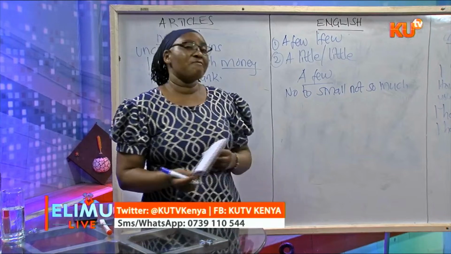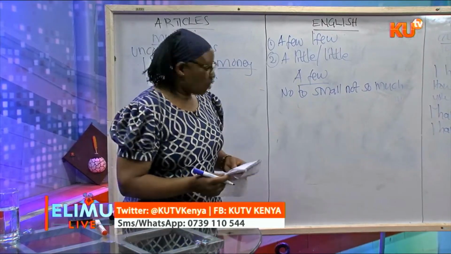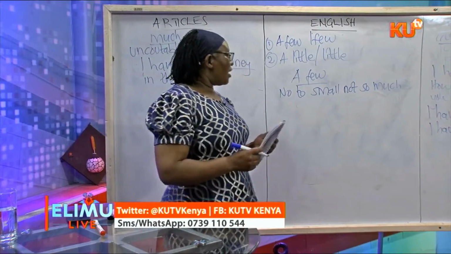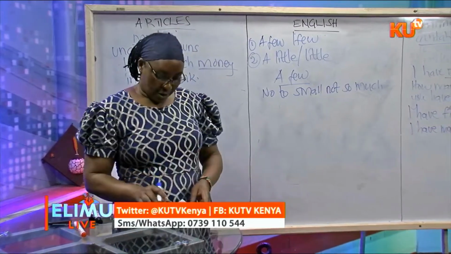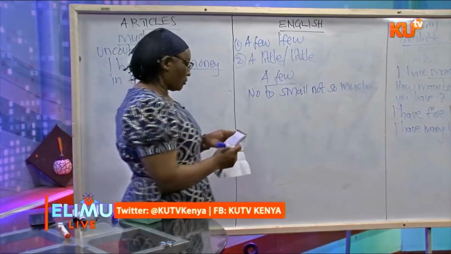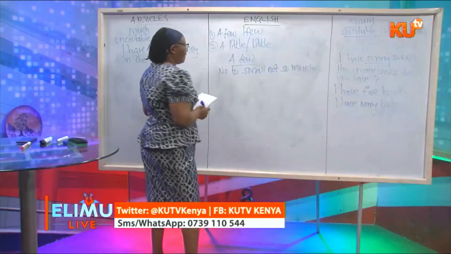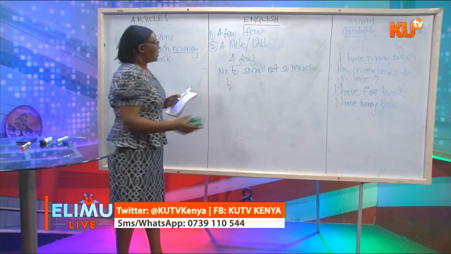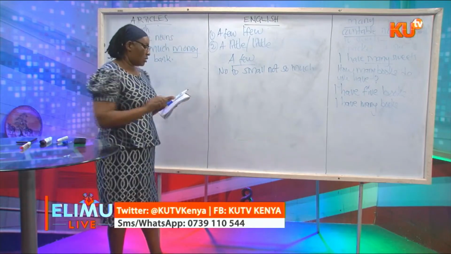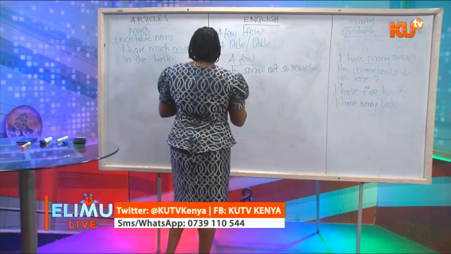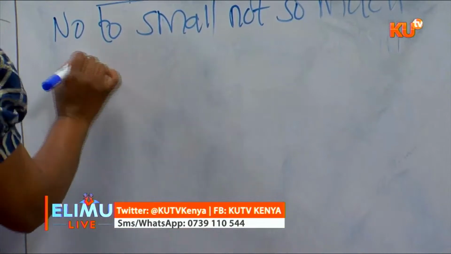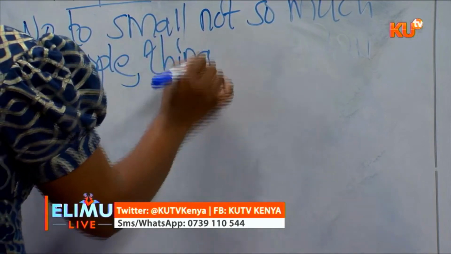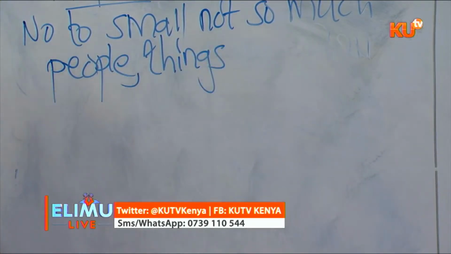It means that you don't have many of the items, and also you don't have so little of the items that you are talking about. Now, in this case, we can talk about people, and we can talk about things.